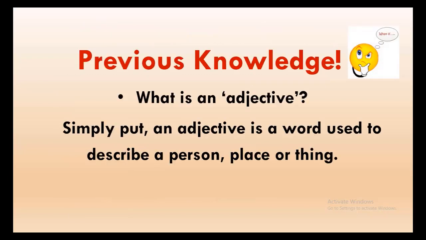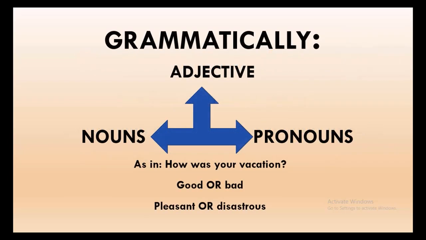Students, as you've already read about the adjectives, I will shortly recap your concepts. Simply put, an adjective is a word used to describe a person, place, or a thing. But grammatically speaking, an adjective defines both nouns and pronouns.